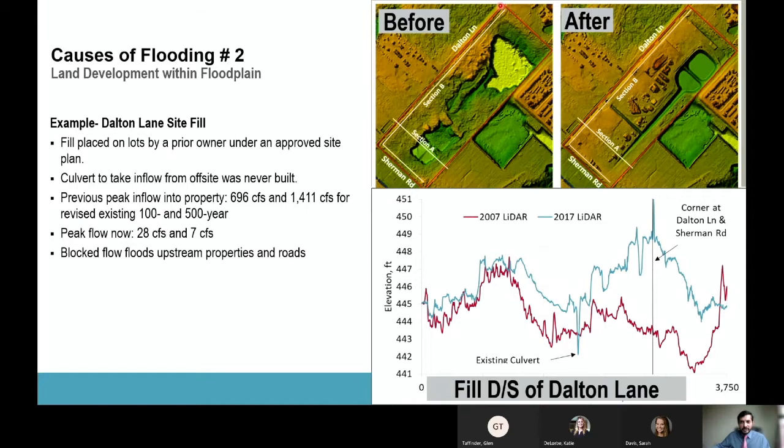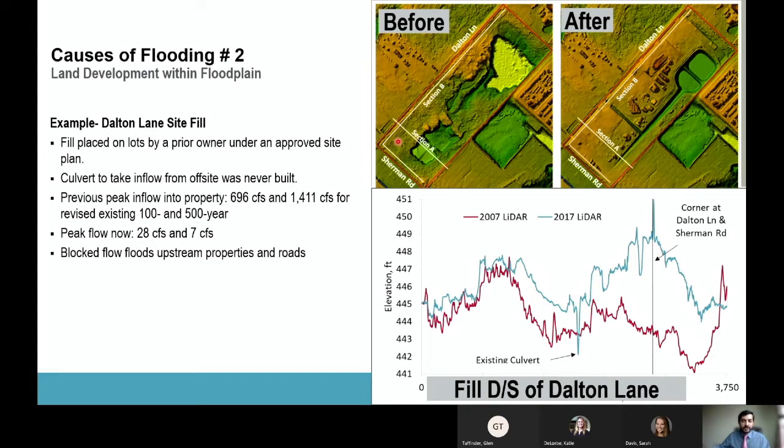If you compare along the edge of that property, the red line shows the 2007 LiDAR, and the blue one is 2017. There is almost up to 4 feet of fill along that area.